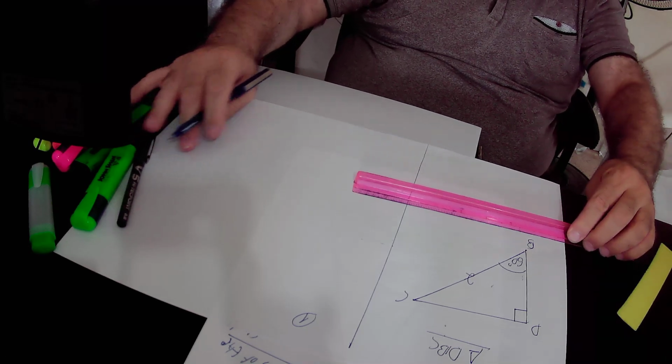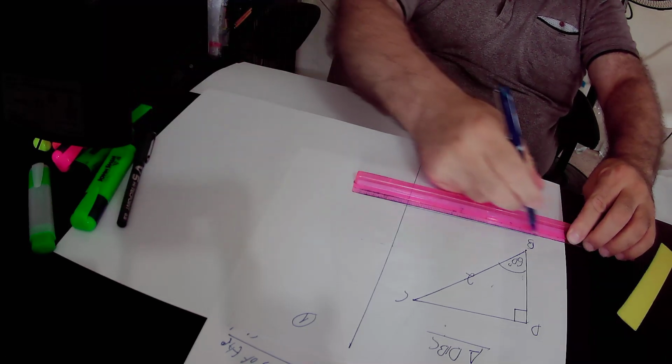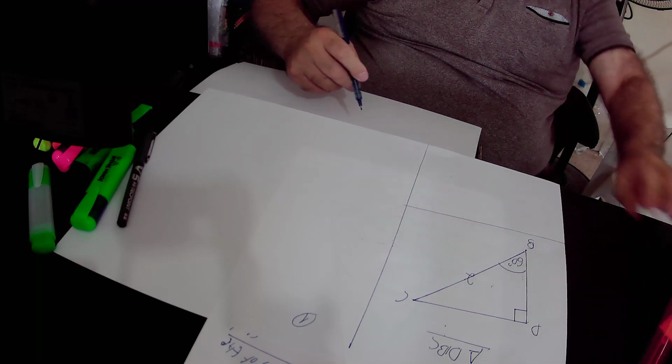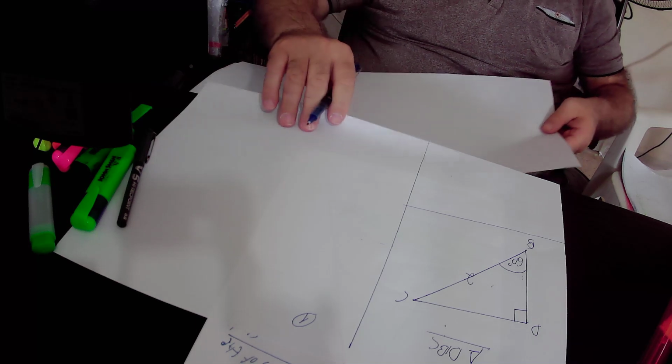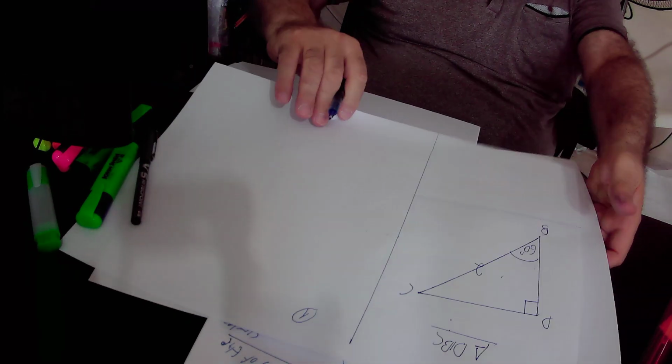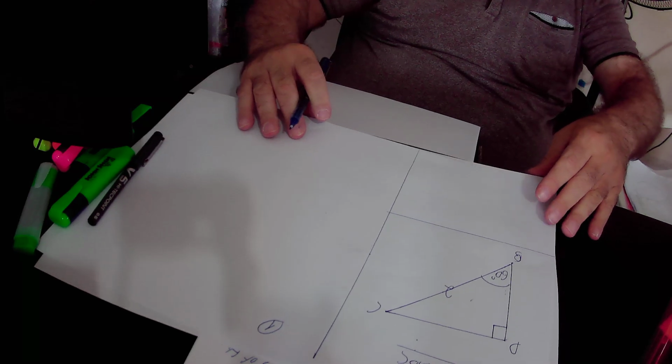We know that in triangle BDC, the sum of its angles must be equal to 180 degrees. So which angles do we have in triangle BDC?